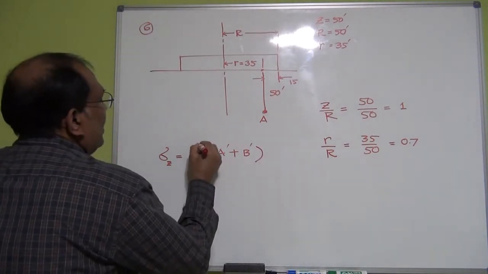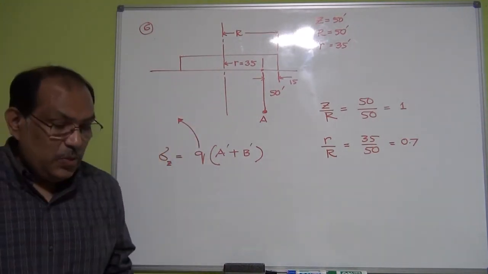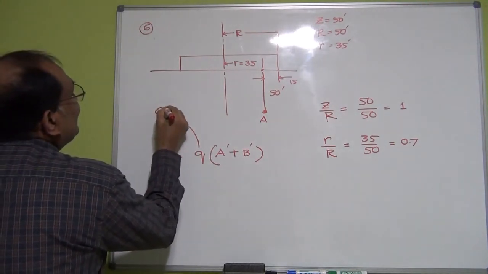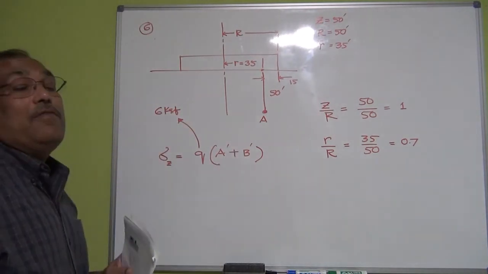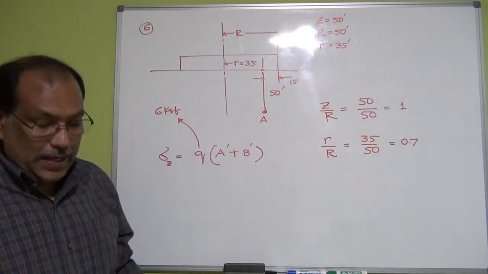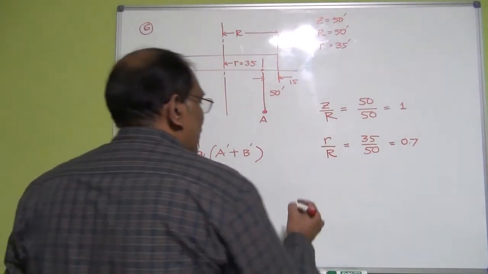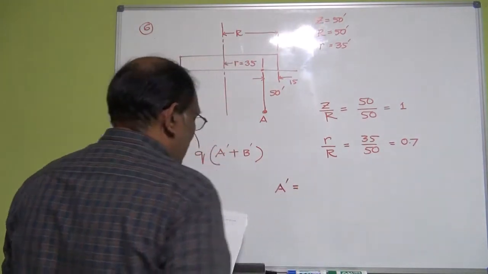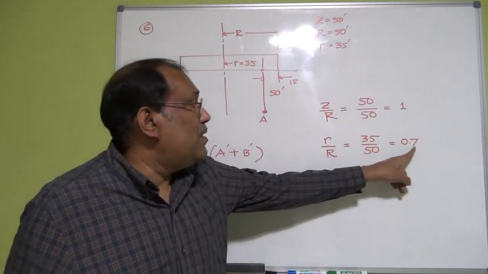Q is the stress coming from the foundation, which is actually 6 ksf here. And A prime and B prime are functions of your z by R and r by R. Okay? So you can find this A prime and B prime from the table. For your A prime, you will see in the table you don't have any value for r by R 0.7.